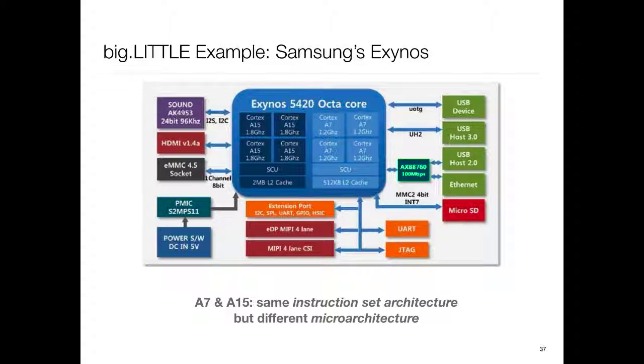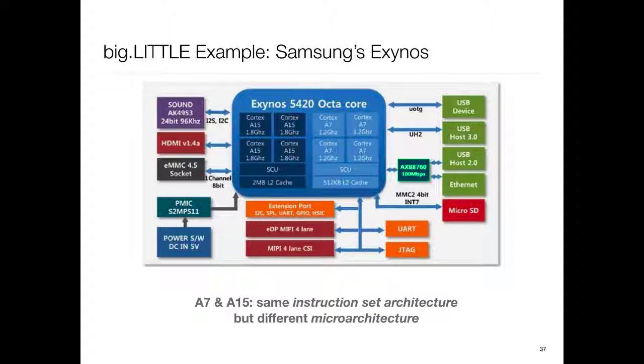Okay, so A7 and A15 have an identical instruction set, so your program can run on either one of them, but different microarchitecture. By different microarchitecture, I refer to how much cache they may have, how they do things like branch prediction, how many instructions they execute simultaneously.